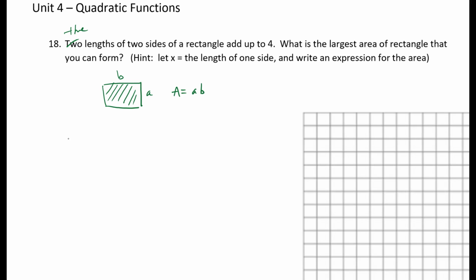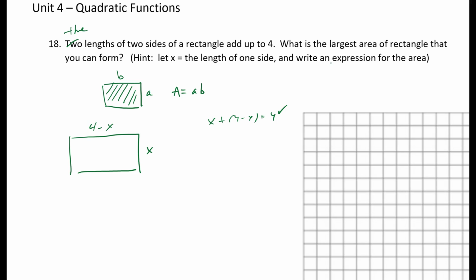So here we're given that the lengths of two sides add up to 4. If I call this one x, this side will clearly be 4 minus x, because that way when I add x plus 4 minus x together, I get 4.